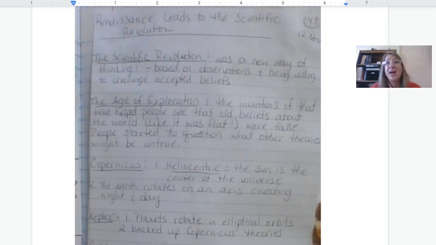So the church was not ready, the Catholic Church was not ready for these changes because it really challenged their authority. Now, the Church of England started to grow and develop, and they were more tolerant of science and the scientific way of looking at the world, and felt they could blend that with the Bible and worship.